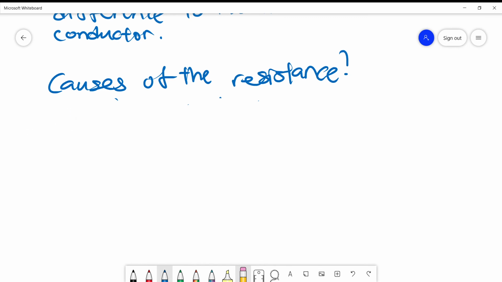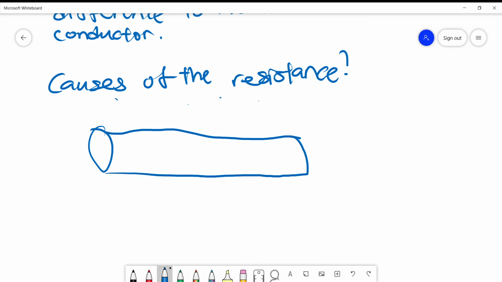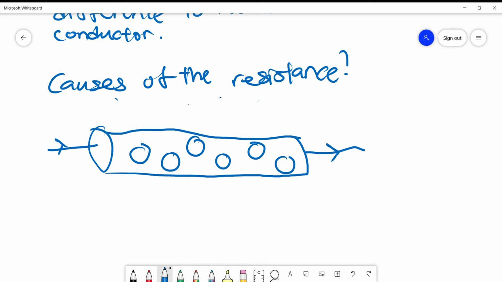Assume I have a wire. So this is my wire. Of course we know that the wire consists of lattice atoms, so I just simply draw the lattice atoms. This is the direction of the current. Basically the flow of electrons is opposite to the direction of the current.